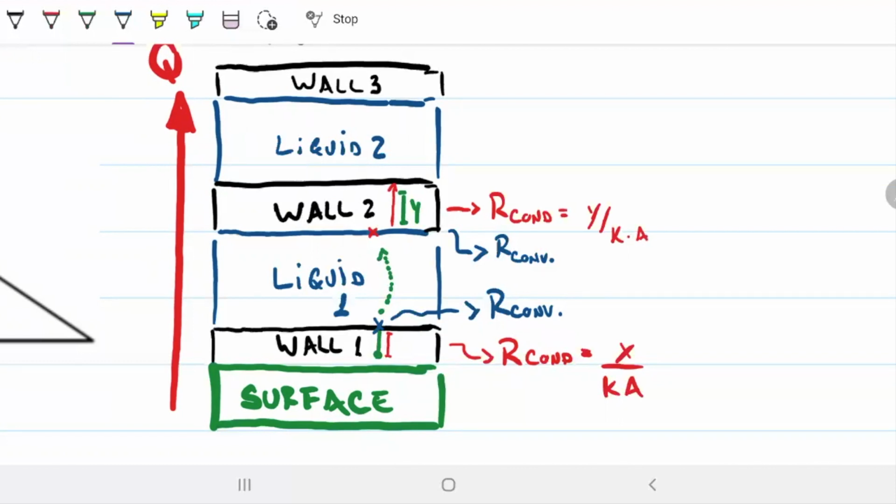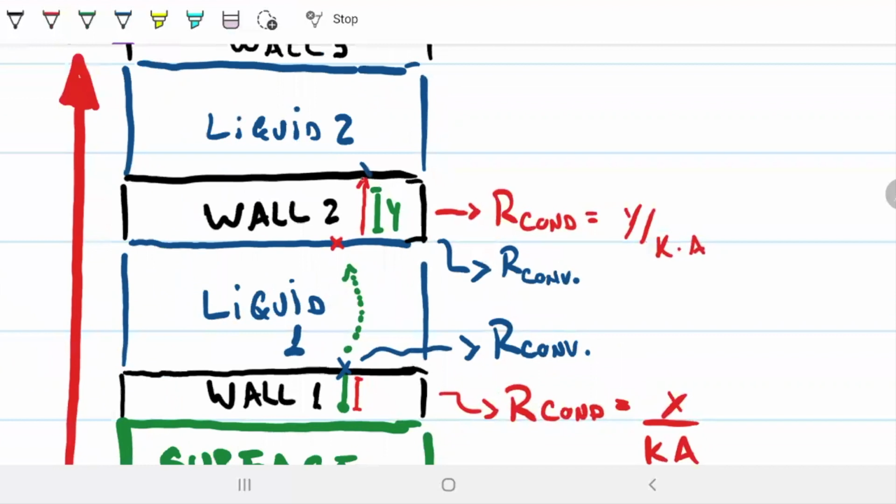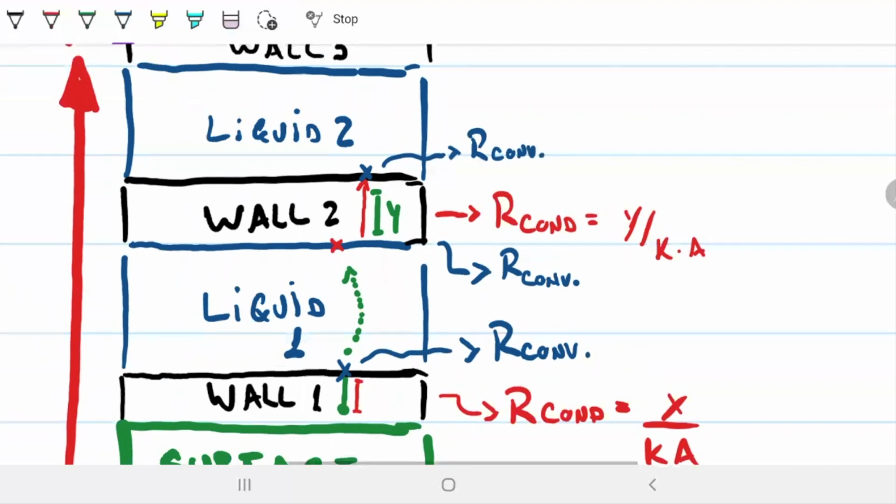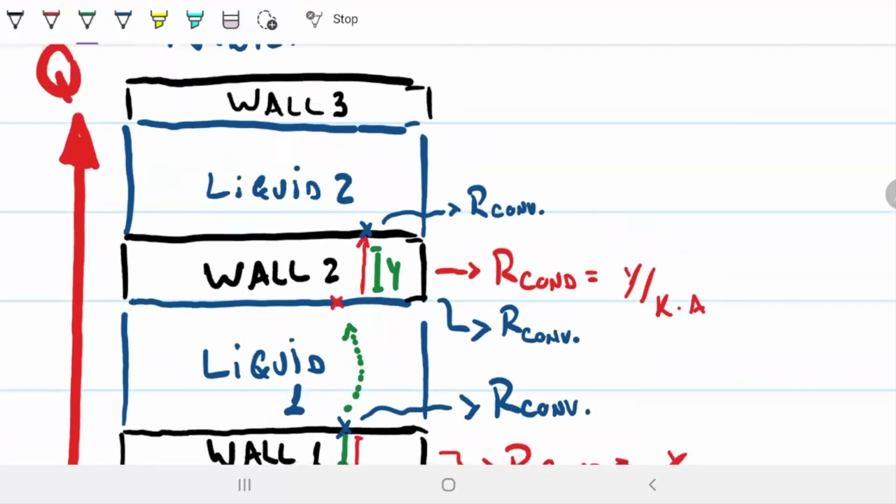Then what happens? Same story. You see where I'm going with this. Boom, a resistance when the heat finds the interface between fluid and solid, so that gives us a convective resistance just there. It travels upwards, and then another convective resistance, right there.